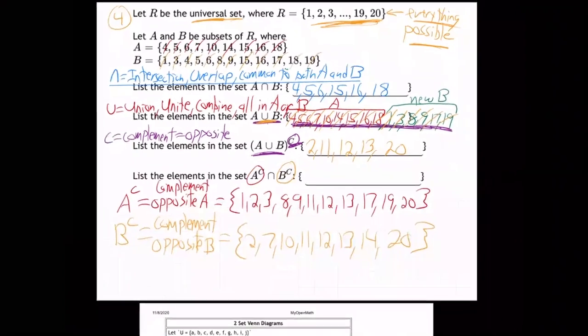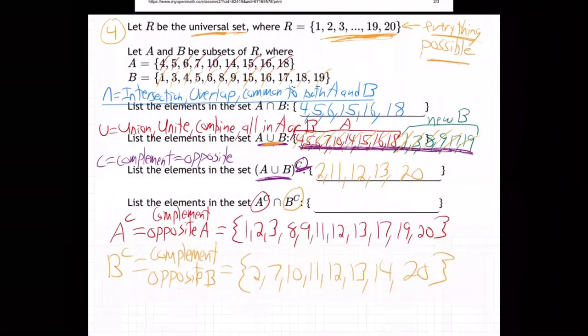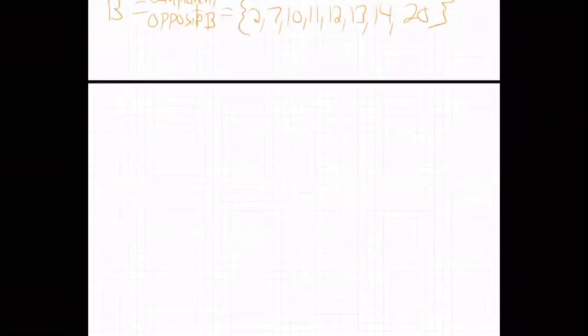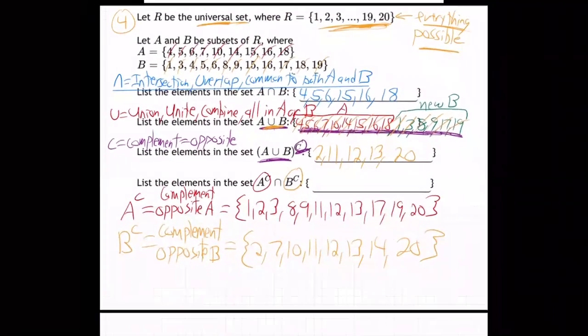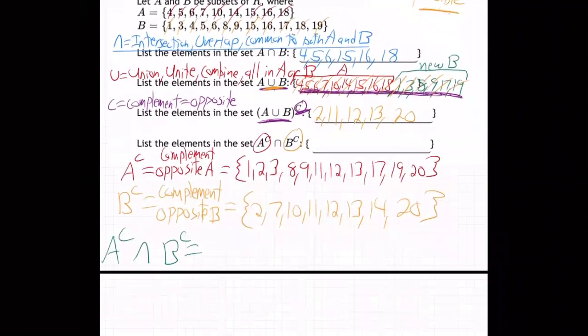And now we're ready to finish this question up. So let's do it. So now right here, I am going to do A complement overlap B complement, right? Because that's what they're wanting me to answer on this question.